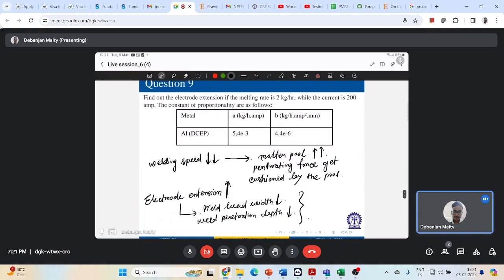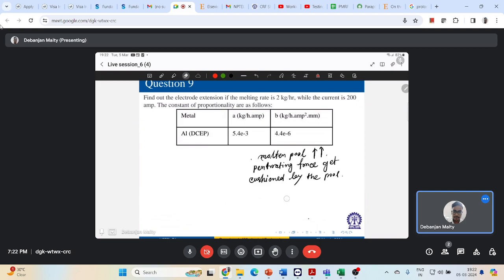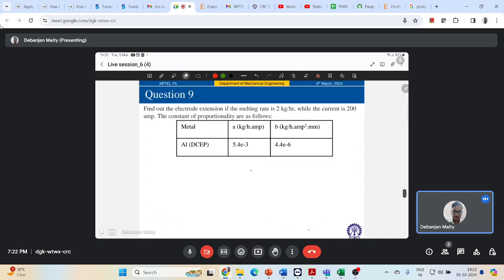There is another numerical that is also straightforward equation solving. Here I have asked to find the electrode extension if the melting rate is 2 kg per hour while the current is 200 amp. I provided those constants of proportionality. At the very initial phase of this lecture, we discussed this melting rate.